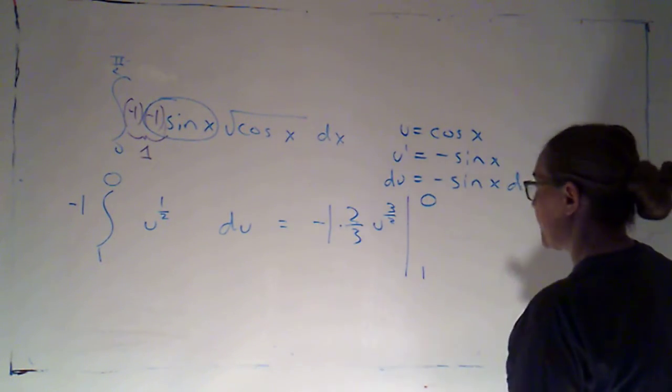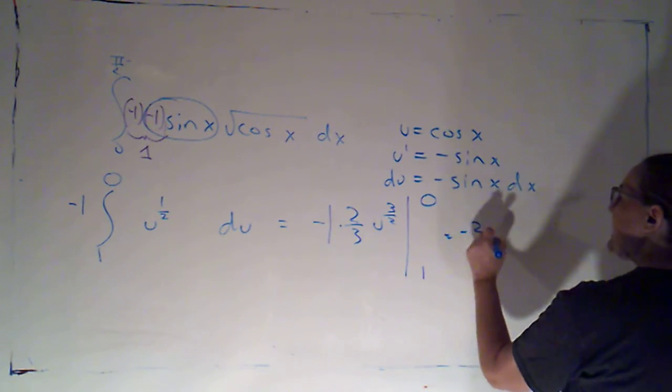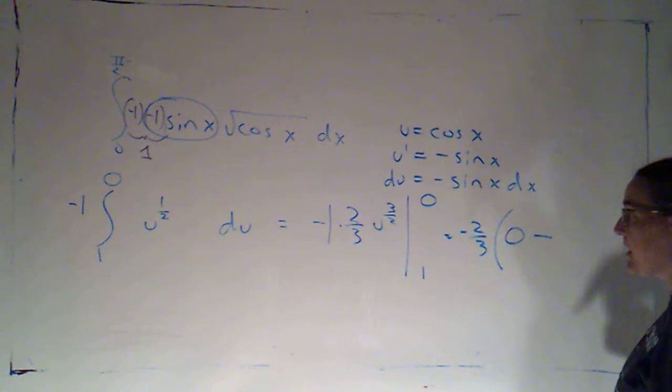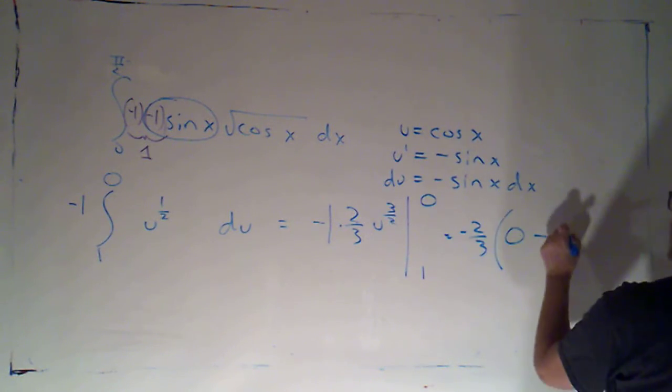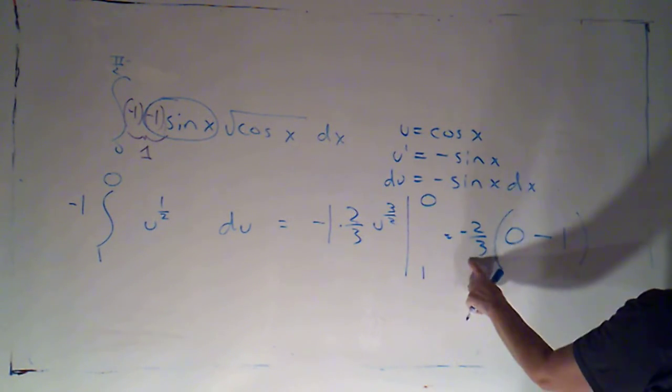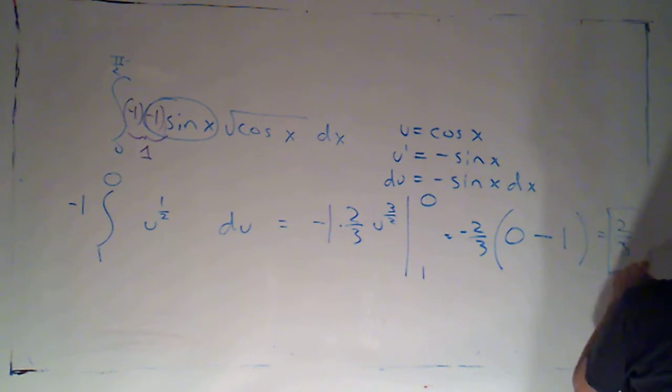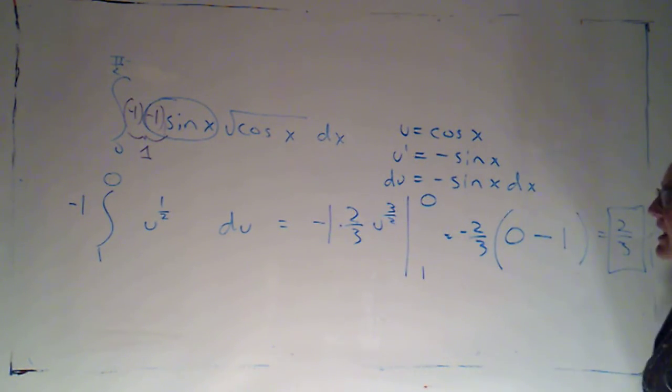Respect that order. Okay. So that's going to be -2/3 times what I get at 0, which is 0, minus what I get at 1, which is 1. So that's -2/3 times -1, and that's +2/3. That's how I would probably do this problem.